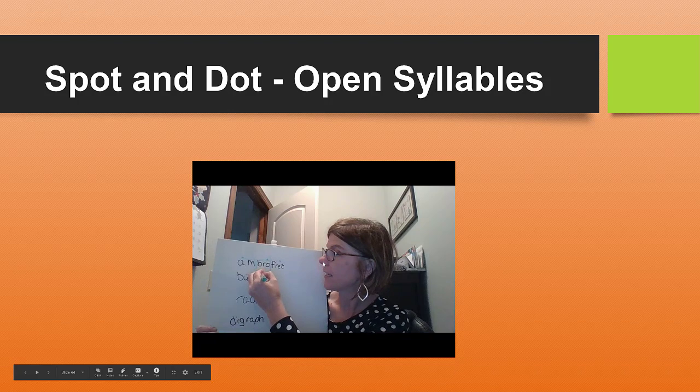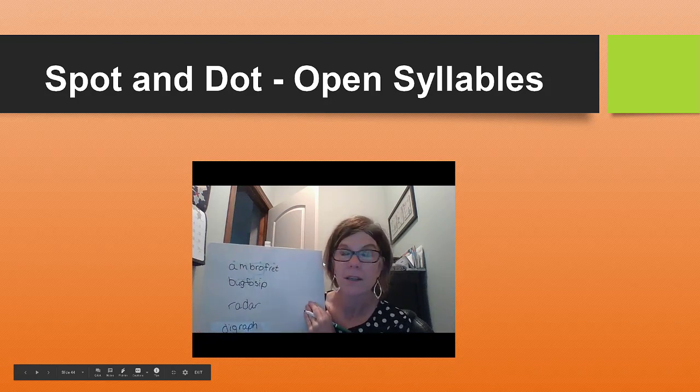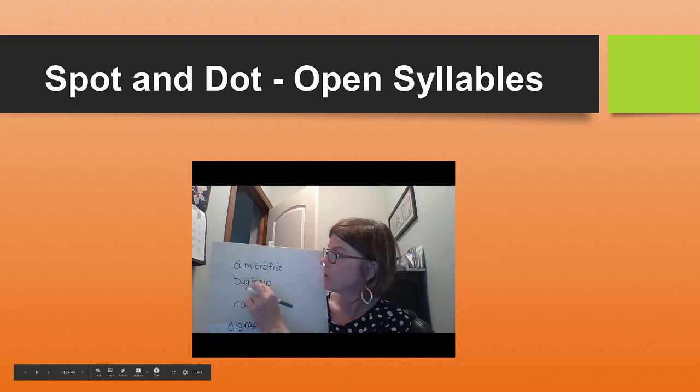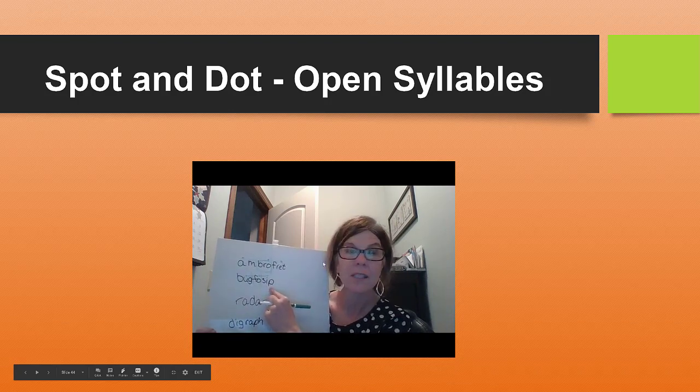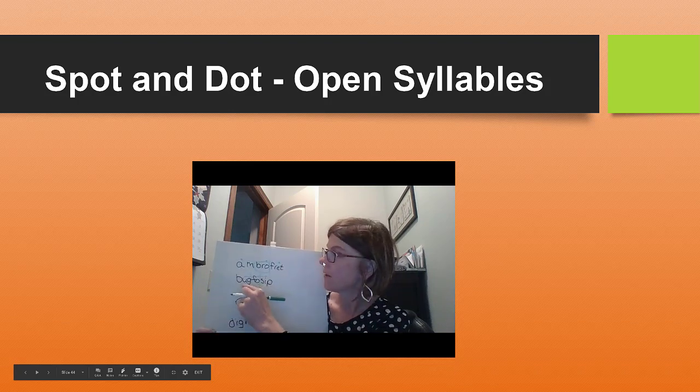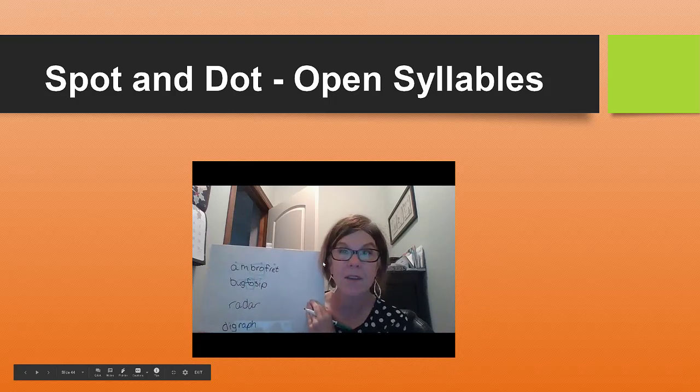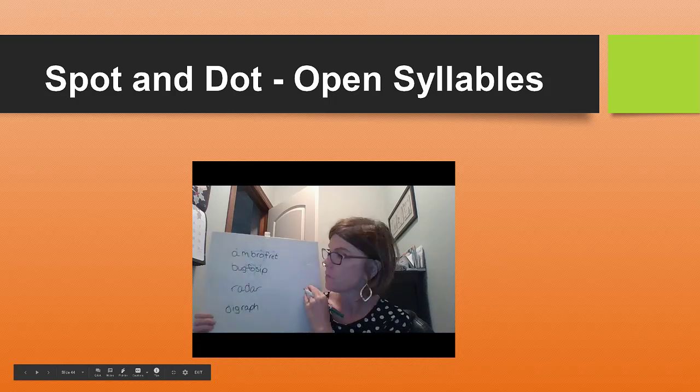I'm going to divide here. And my second syllable is faux. Draw my line, I forgot to do that. And my last closed syllable of sip. So I have bug, faux, sip. Again, here is my open syllable. It ends in a vowel and makes the long vowel sound.